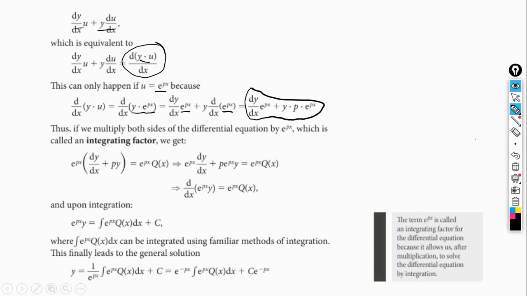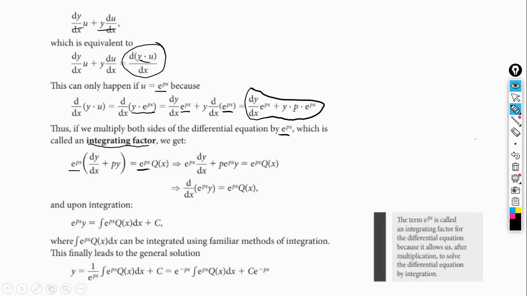So that means that if we multiply both sides of the differential equation by e to the power of px, which is called the integrating factor or an integrating factor. So notice that here we multiply both sides of the equation by e to the power of px.